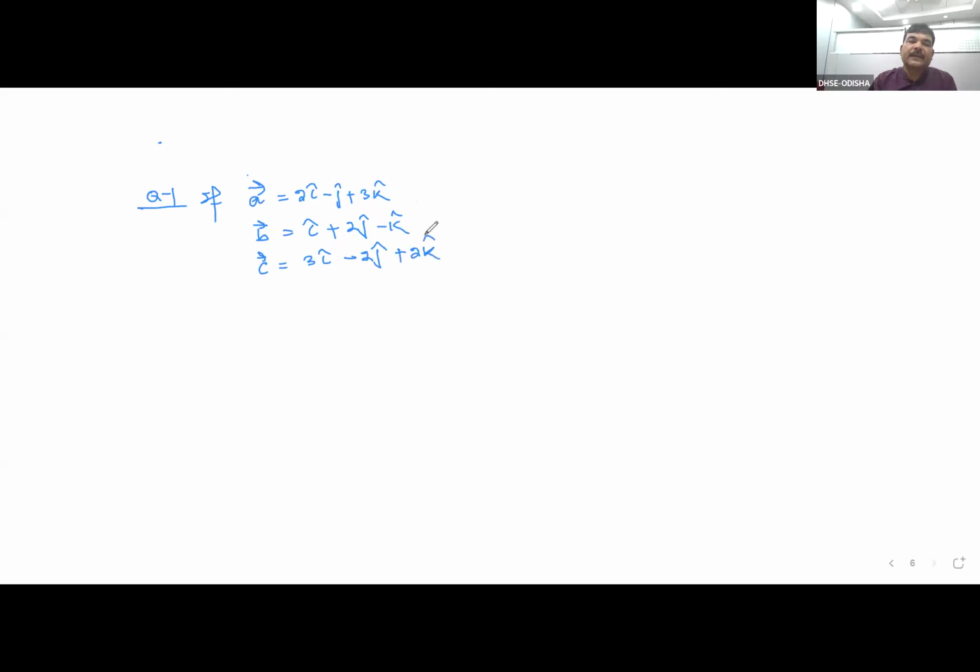Okay. Three vectors are given in component form. Now the question is: calculate box product ABC.